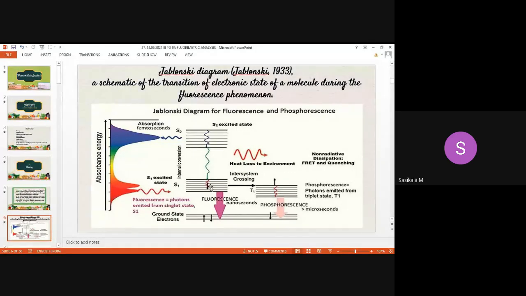At the excited state, the electron can undergo intersystem crossing under conditions of absence of oxygen.